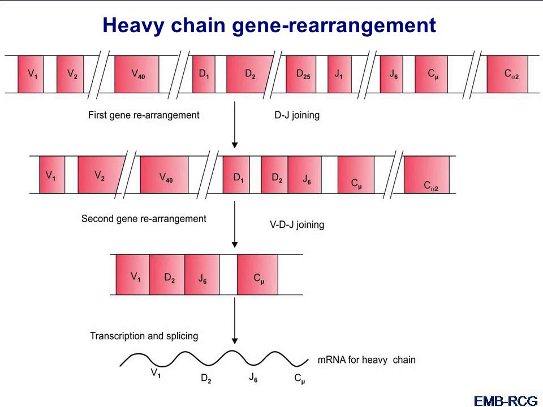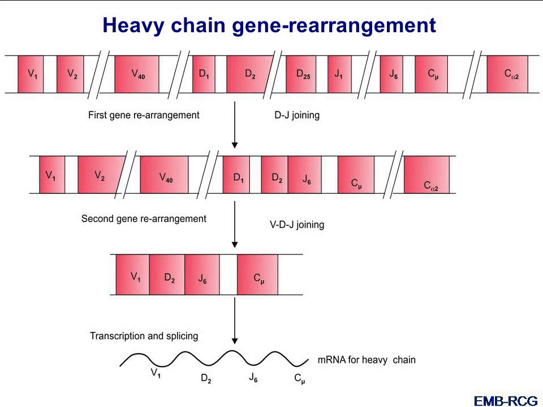which will encode the variable region of the heavy chain. And then we have this first gene in the C cluster, which is C mu. And this mu type of heavy chain is present in IgM. So when this VDJ combination and the C mu are transcribed, an hnRNA will be formed, and the hnRNA is then modified to form the messenger RNA for heavy chain.